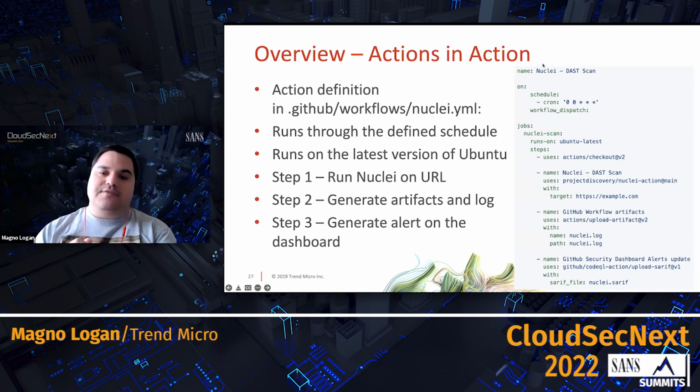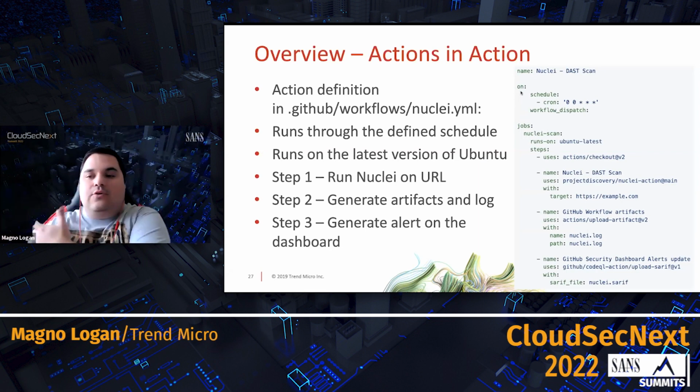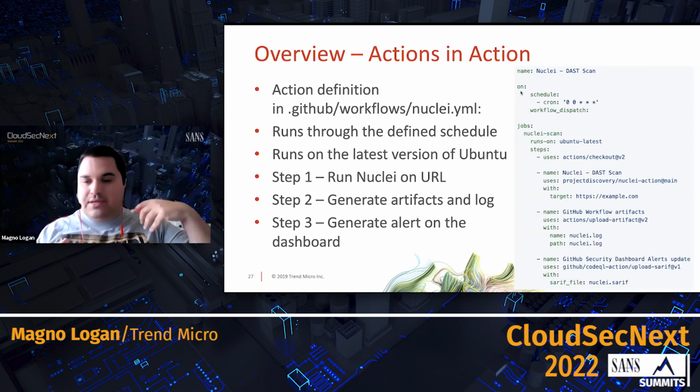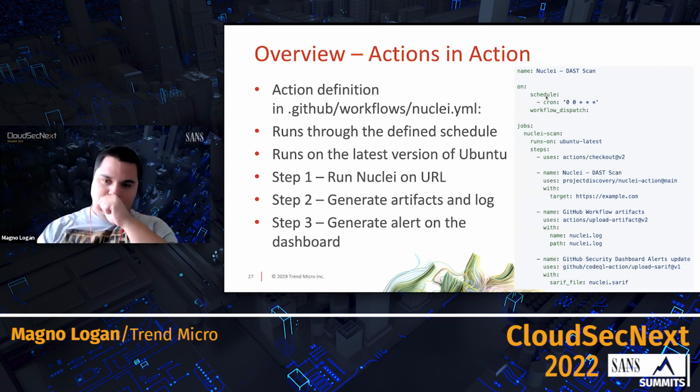On the right side here of the YAML file, first you have the name, right? The action needs to have a name. And the second directive, I would say, is the on, right? The on is like, okay, when is it going to run? The on can be, as I said, an event. It can be a push event, any changes to the directory. It can be a pull request. But in this case, it's a schedule, right?